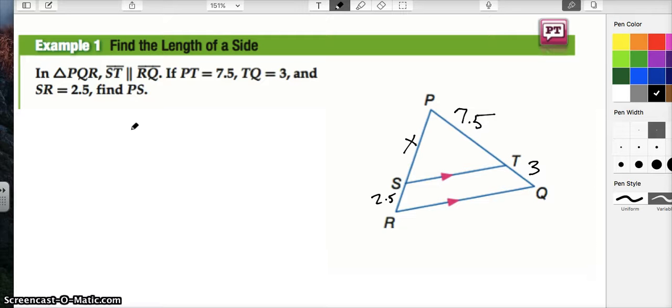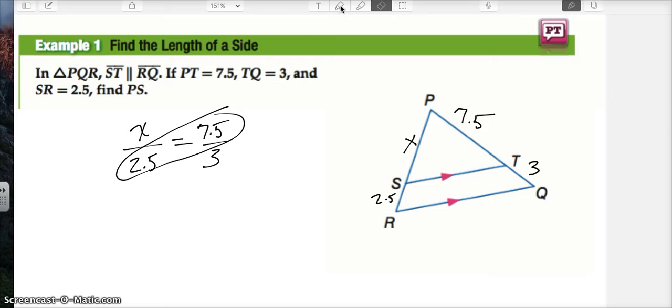The theorem told us that the sides are now cut into proportional pieces, therefore this is to this, PS is to SR, or X is to 2.5, as PT is to TQ, or 7.5 is to 3. We'd solve this by cross multiplying.